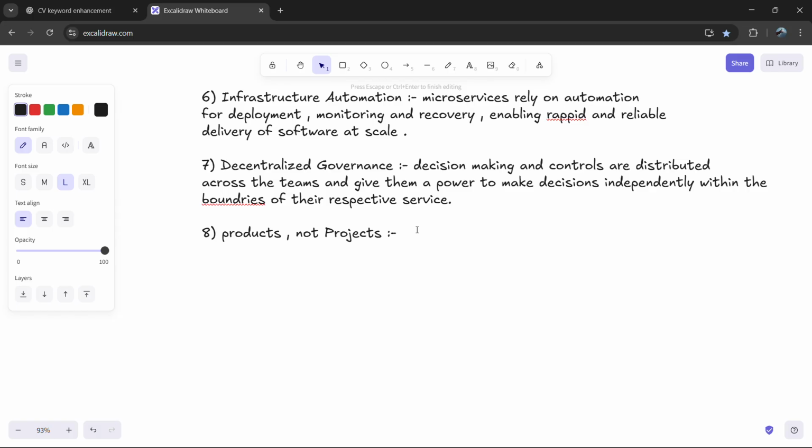So if you want to define it, you will say that microservices are treated as a long-term product with ongoing ownership and responsibility.